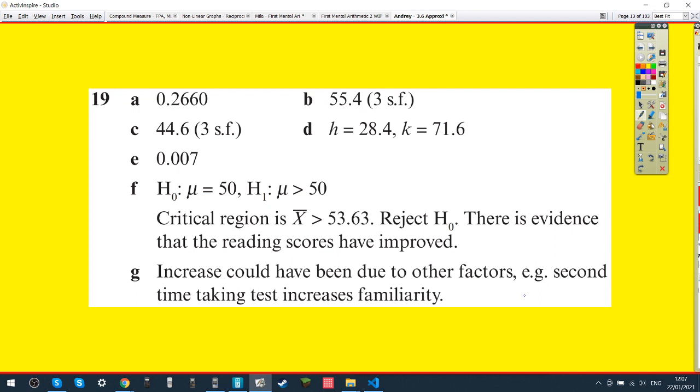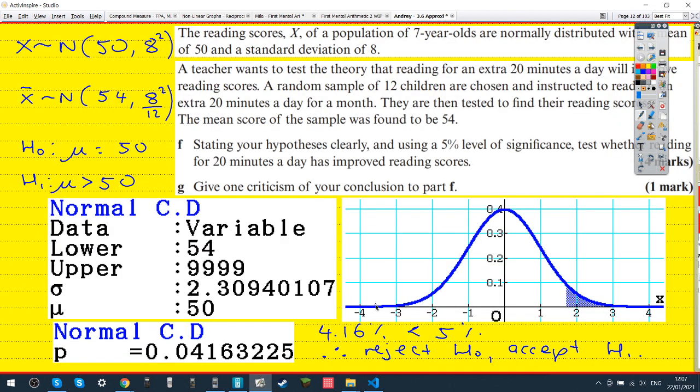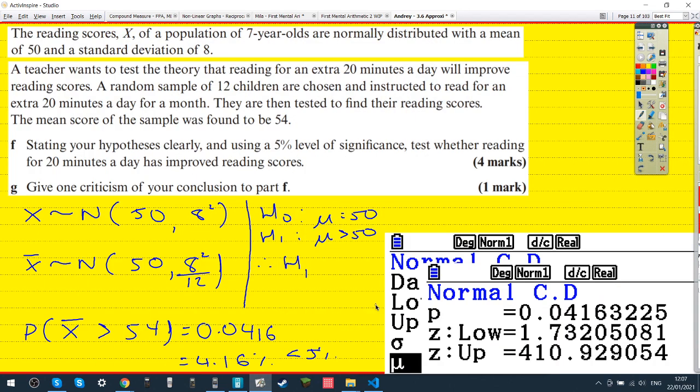That's how they do these questions. In this case, the critical region was 53.6. And so if you took a sample of 12 and got a mean bigger than 53.6, then it does meet the 5% level of significance. They got a mean of 54. And so, yeah, it's gone up.